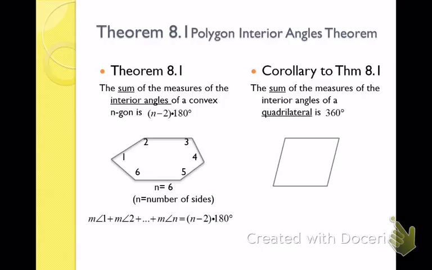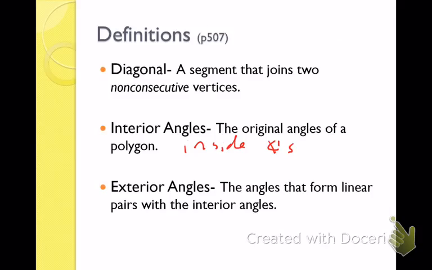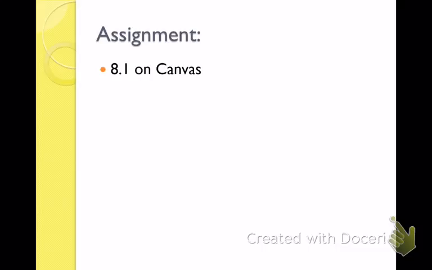Okay, all right, a couple of theorems here, but before we get to that, I want to talk a little bit about how to come up with the sum of the interior angles, right?